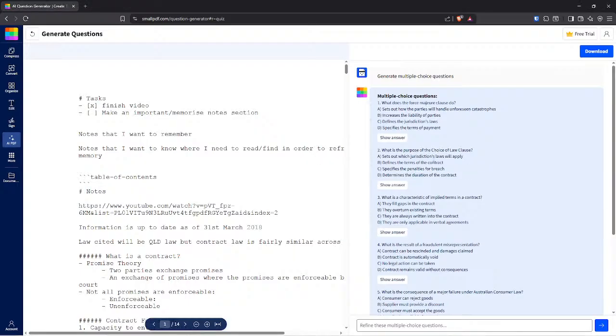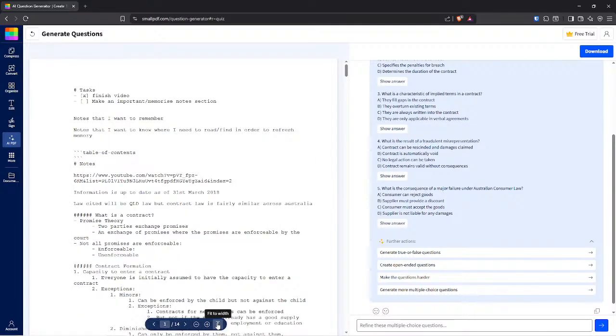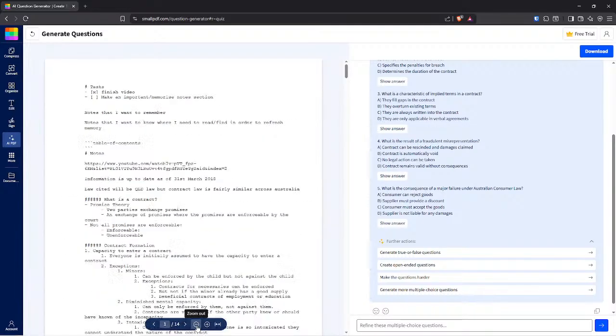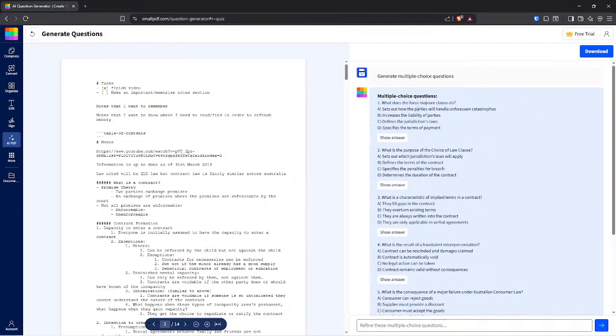Okay. Can I just make this? I don't want this at all. I just want this page to be full screen. Whatever. Okay.